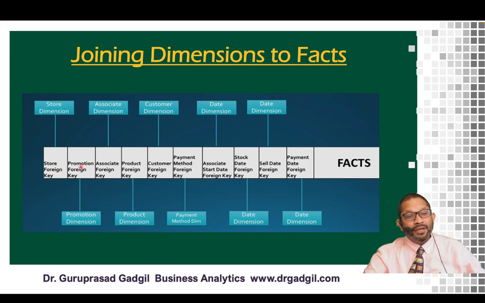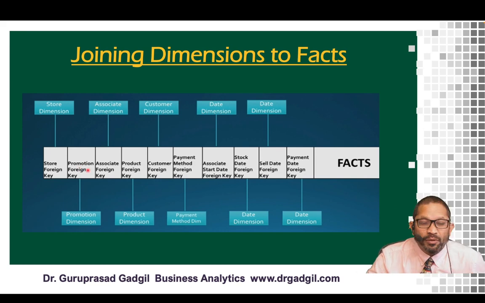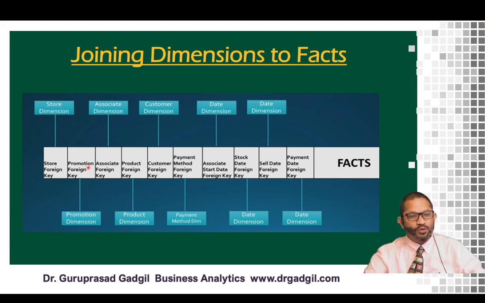Then the promotion ID would be a foreign key in the fact table, which will be a primary key in the promotion table, and so on. Facts will store information about a dollar value, which in this case is the amount received from the customer. So each row in the fact table will also include the associated customer, store, and so on, in the form of foreign keys to those dimensions.